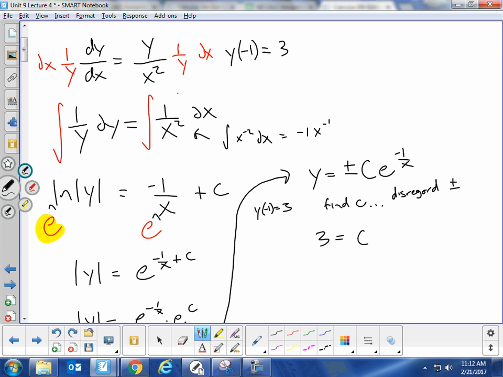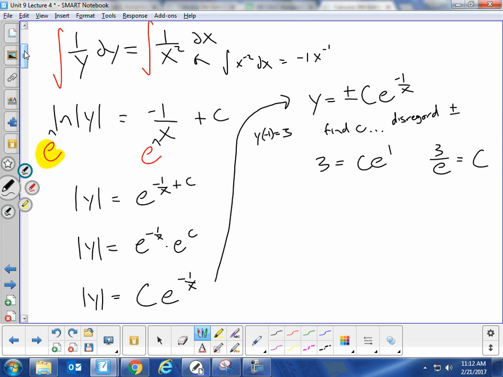I'll have 3 is equal to c e to the first, negative 1 over negative 1. I'll get c is equal to 3 over e. This is a positive value. We'll end up with just the positive half. Again, it kind of works itself out that you get the correct c value and the correct half while you're finding c. So plugging c into my y equals gives me my particular solution.